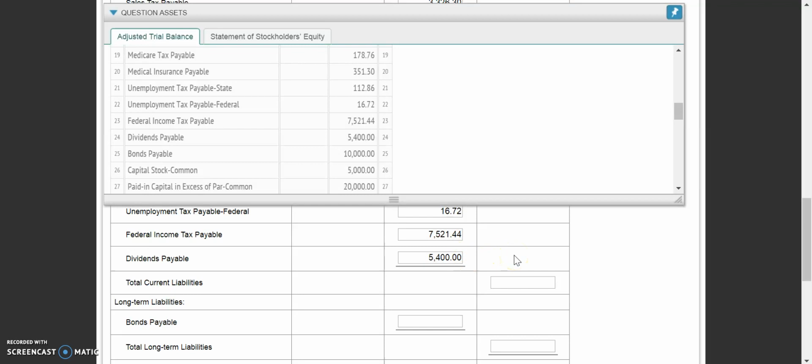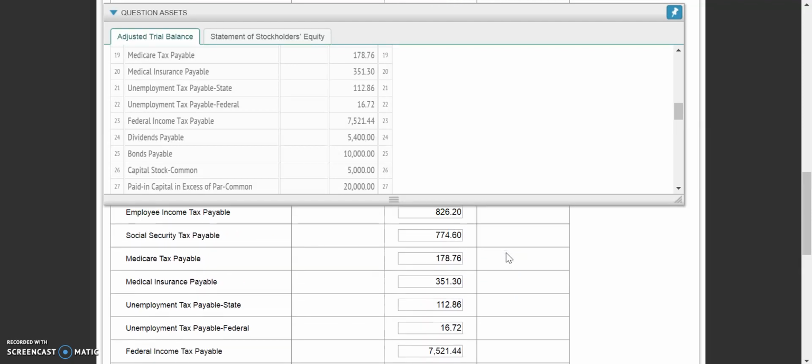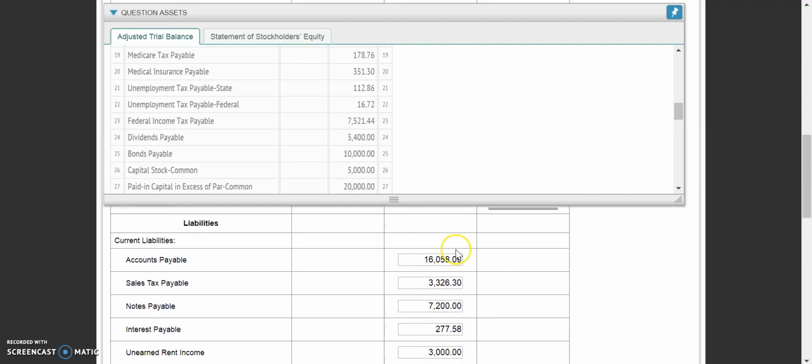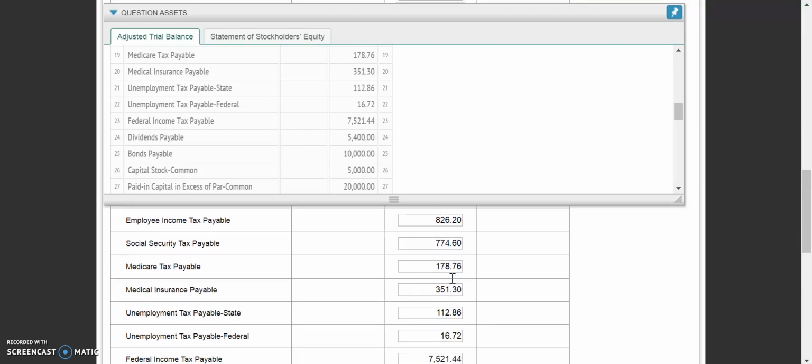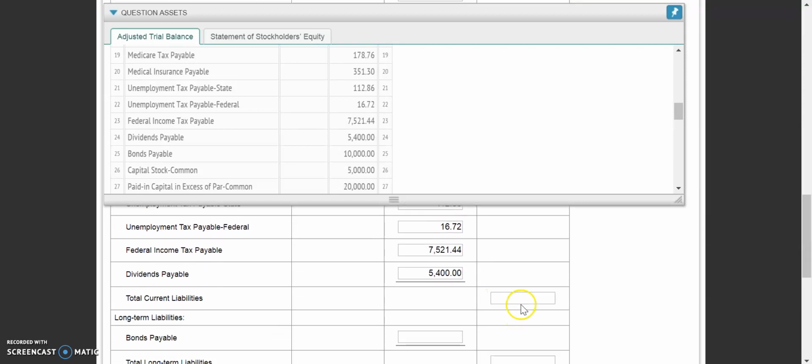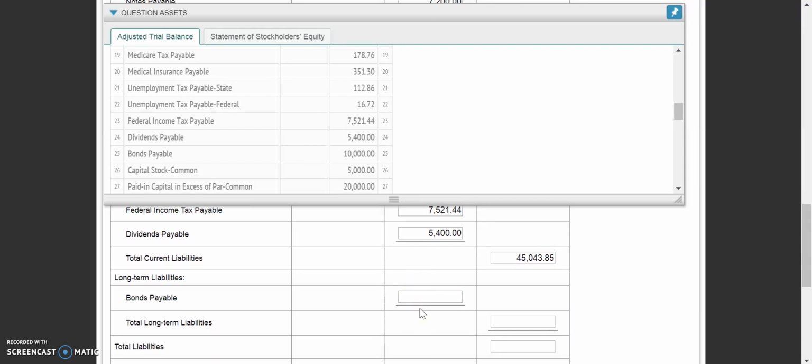So when we do that, we're going to get to a point where we need to total all of our current liabilities. So again, we want to make sure that we're pulling only from this second column, and all the way down, we total those up, and we get total current liabilities of $45,043.85. Lucky for us, we only have one long-term liability, which is our bond payable here at $10,000.